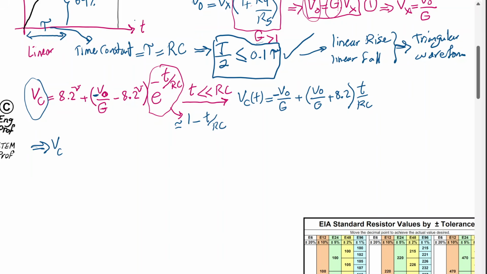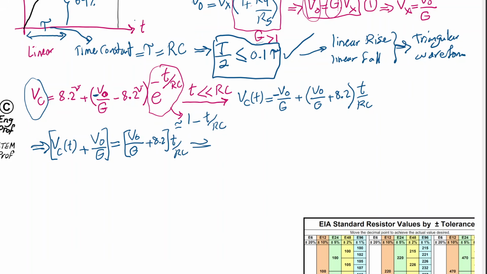Okay, so in summary, if I clean it up, I will end up with this equation. VC at any time during the approximate linear region, plus I'm going to move this portion to the other side. So V out over gain is equal to, that's now the left-hand side of the equation. Right-hand side, I'm going to keep this portion, which means I have V out over G, and then plus 8.2, and then times T over RC.